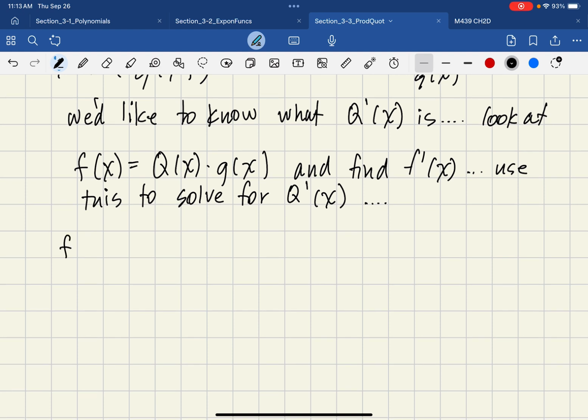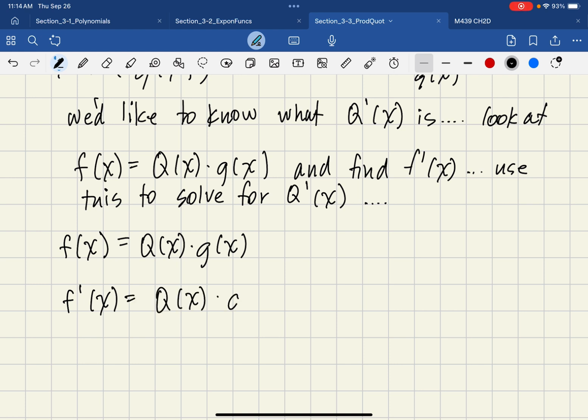Okay, so off we go to the races. If we have f equal to q of x times g of x, then f prime of x is going to be the first, q of x, times the derivative of the second, g prime of x, plus the second, g of x, times the derivative of the first, q prime of x, right? Again, the idea is that what we're after is that guy, q prime, as a function of g's and f's.